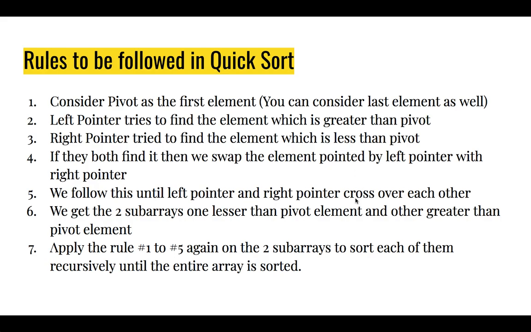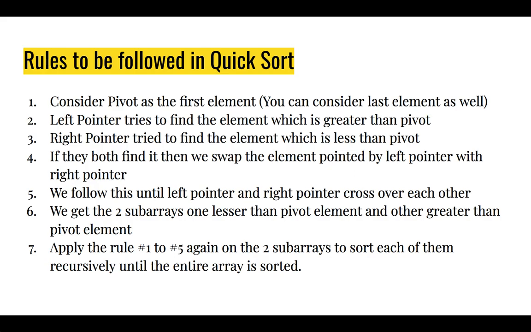Once they cross over, we replace the right pointer's element with the pivot element. Now the pivot element gets its position in the array, and this process is called partition. This partition is used to find the exact position of the pivot element in the sorted array.